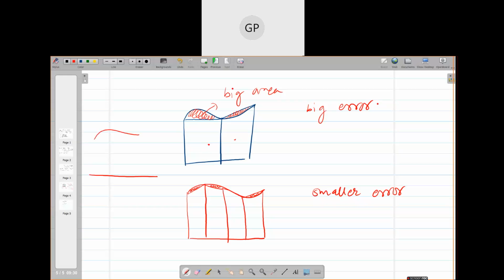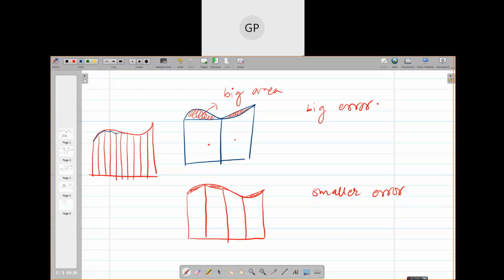Now suppose instead of 4, I divide it into 10 subintervals, or more subintervals. Now I'm getting trapeziums like this.